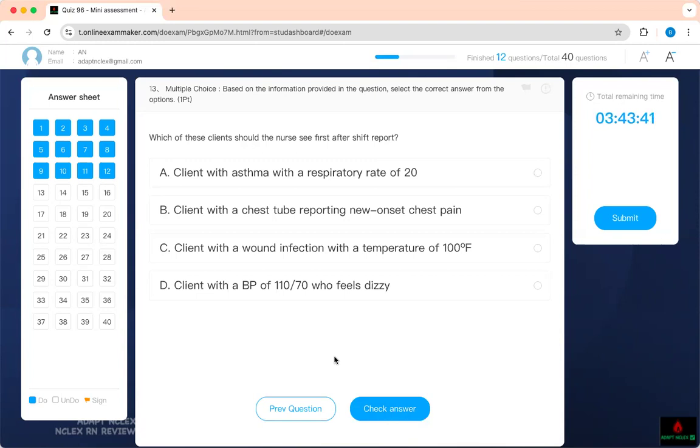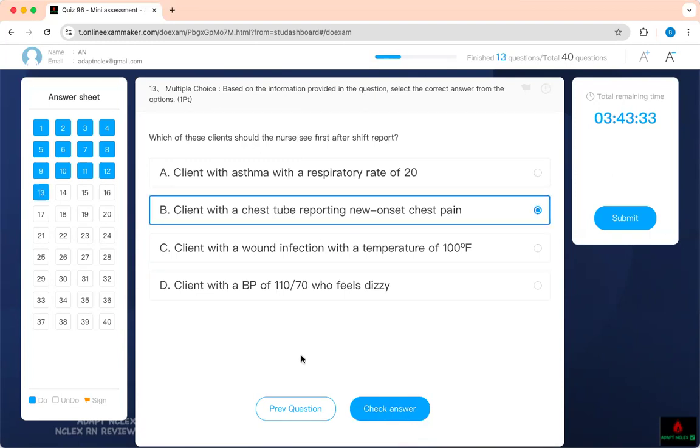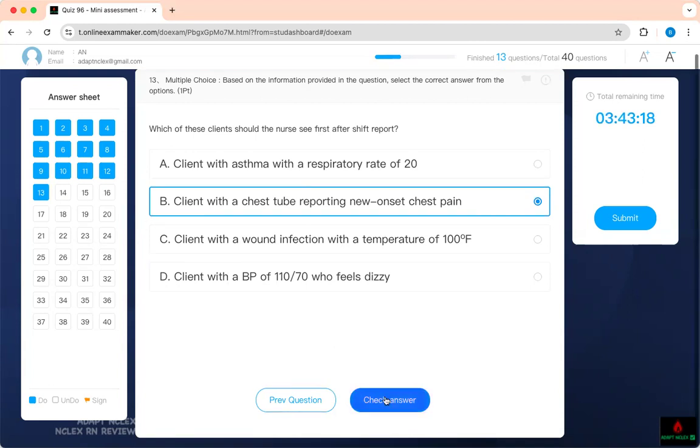And if the chest tube is not working, the reason it was put in is to drain fluid to prevent pneumothorax. Therefore, probably you have a new pneumothorax. Let's look at the answer choices. Client with wound infection with a temperature of 100. Well, if you have a wound infection, you have fever. Client with low blood pressure who reports dizziness. Well, it may be orthostatic, but with this new chest pain, I'm worried about it.